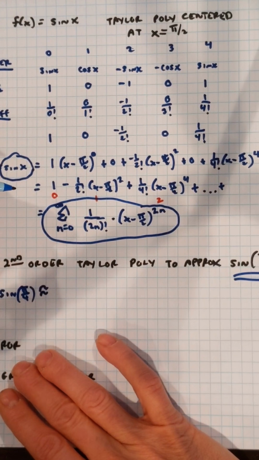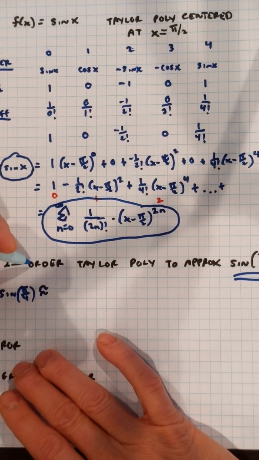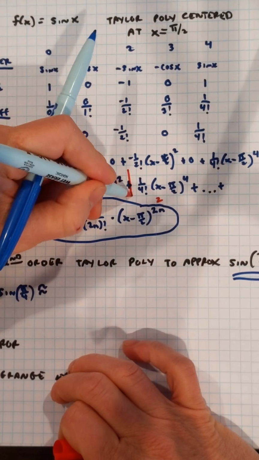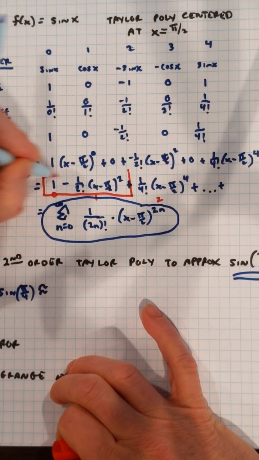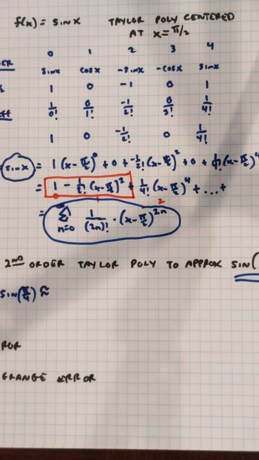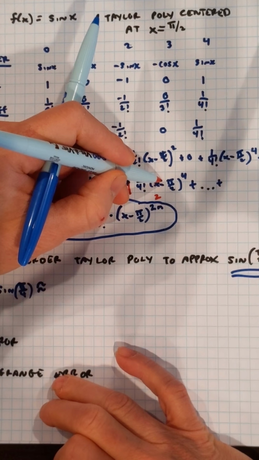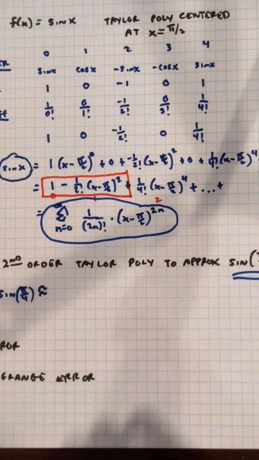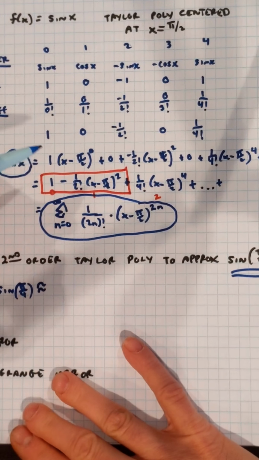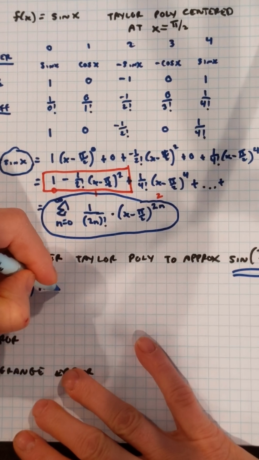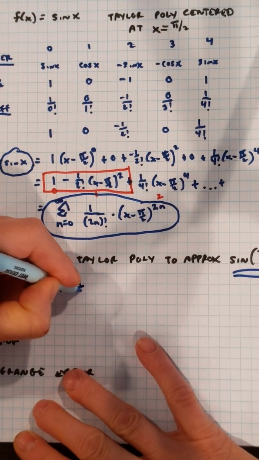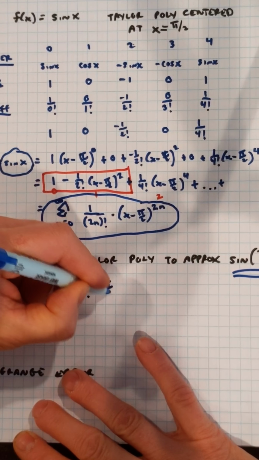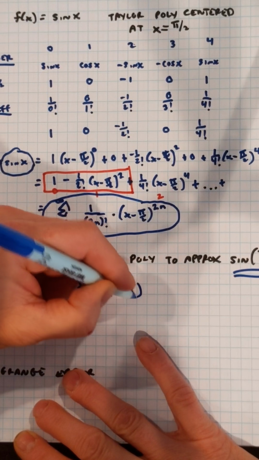So this is approximately equal to, now I want a second order, which means I need to look for the second power. So I'm going to stop right there. This part right here is my second order. That leaves me with an extra term, which would be my Lagrange error, and all the rest of it is my truncated error. So sine of pi over 4 is approximately 1 minus 1 over 2 factorial times pi over 4 minus pi over 2 squared.